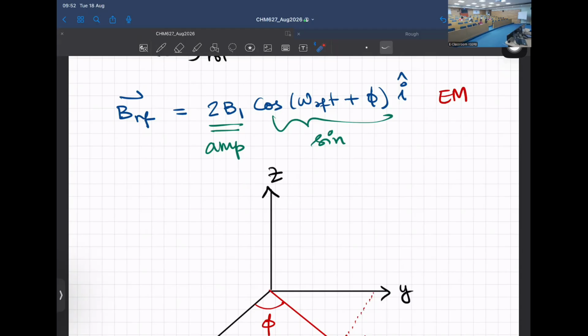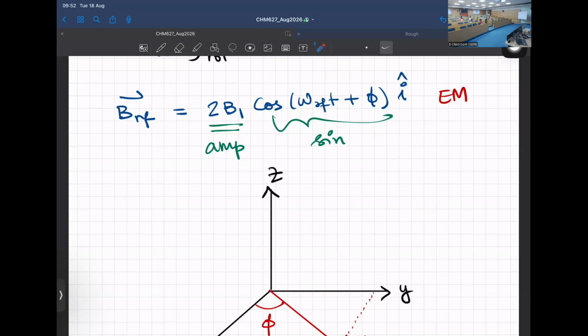So the reason why we go to the rotating frame is to negate the visualization of M precession with respect to B naught. The reason why you have this is the reason why you have the resonance component in NMR, where the field that is applied is on resonance or close enough to resonance to make sure the spins which are precessing are able to experience the field that you're applying.